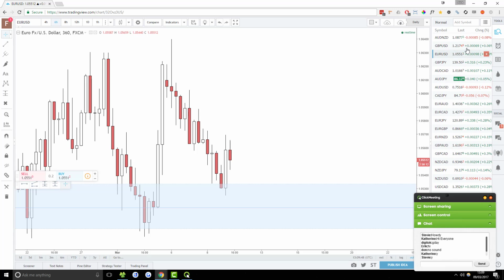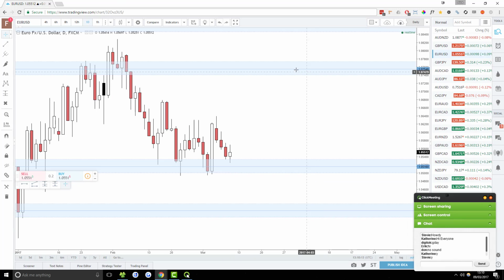I've used up most of it across these two pairs. GBPUSD, very low risk, but AUDNZD, I've taken a bit more risk. I could probably do another position with low risk, but I'm probably going to wait for a really nice trade setup. I'm not going to take just any old setup.